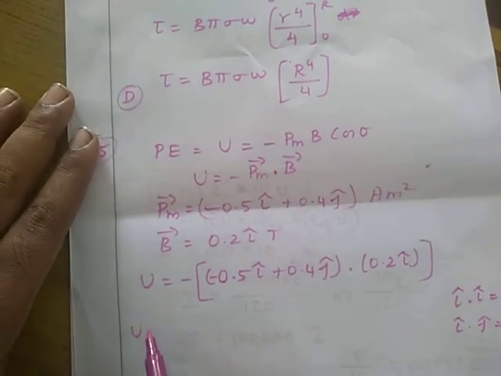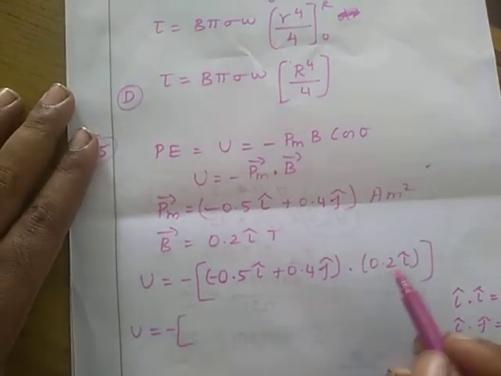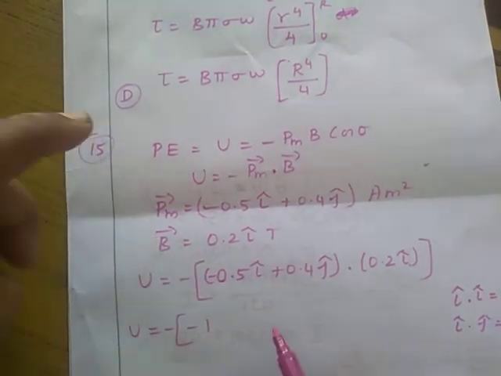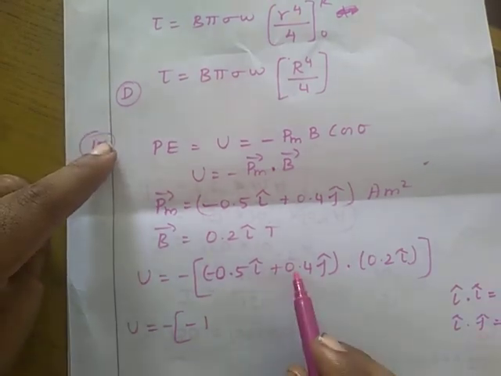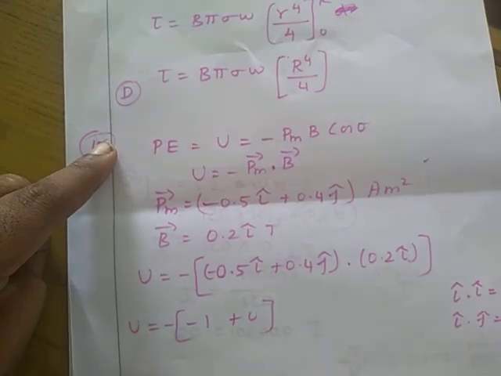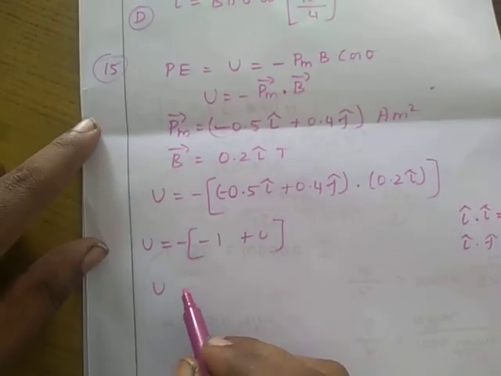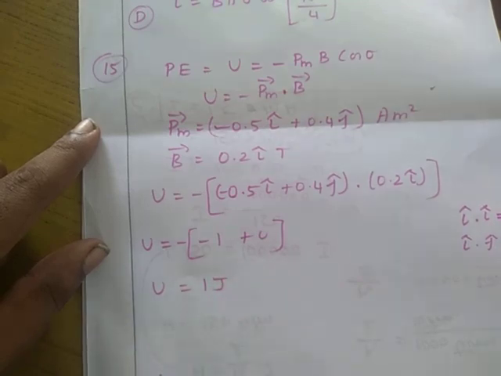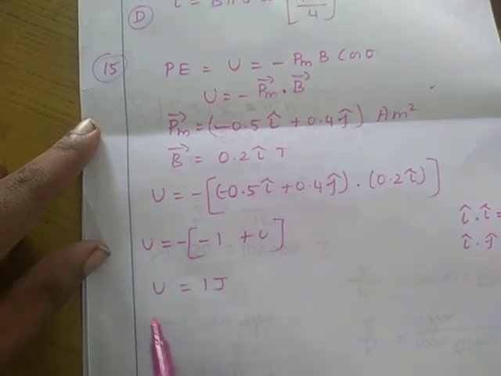So the potential energy U equals minus, I cap dot I cap becomes 1, then 0.2 into 0.5, that is minus 0.1. The J cap and I cap term becomes 0. After solving this, the potential energy U is equal to 0.1, and the unit of energy is Joule. So the answer for this question is C.